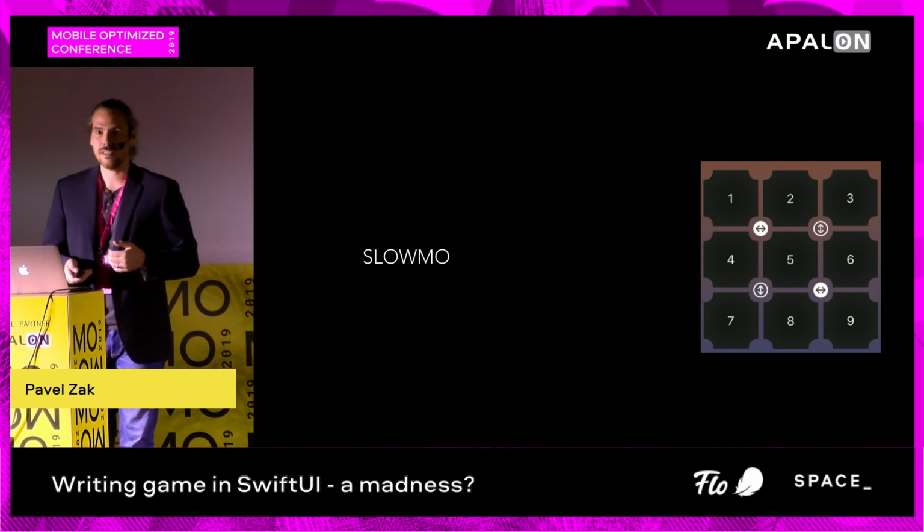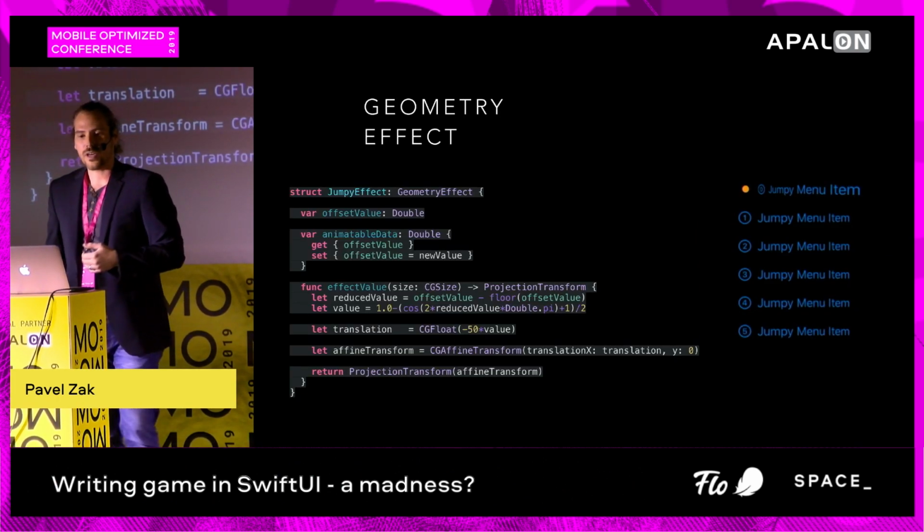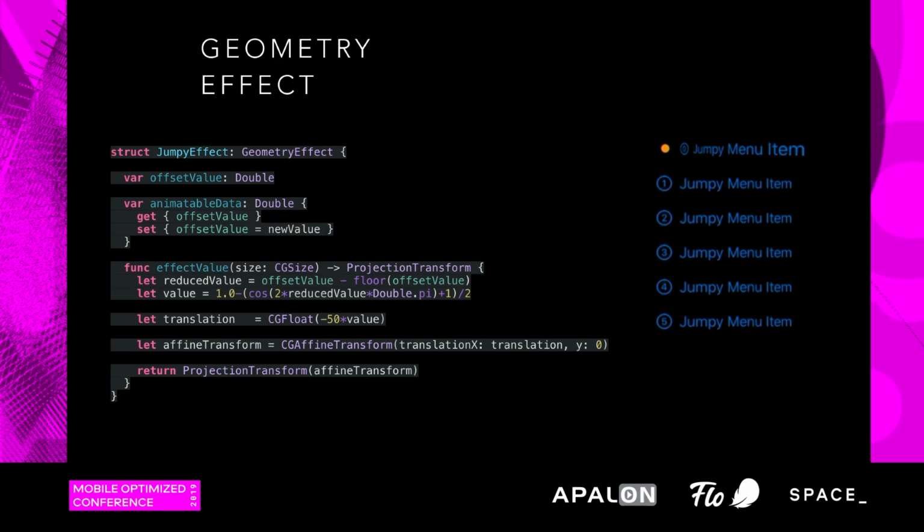If this isn't enough for you, you can use more view modifiers, and one of the most powerful related to animations is geometry effect. Geometry effect basically allows you to create any keyframe-based animation you wish. You can alter the view within the view space during the interpolation as you wish.